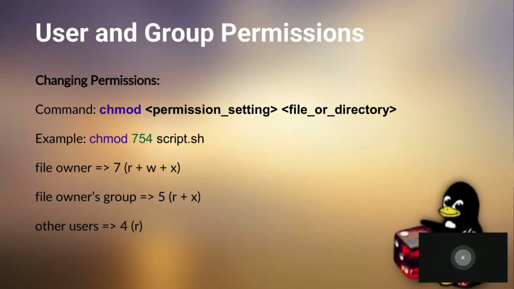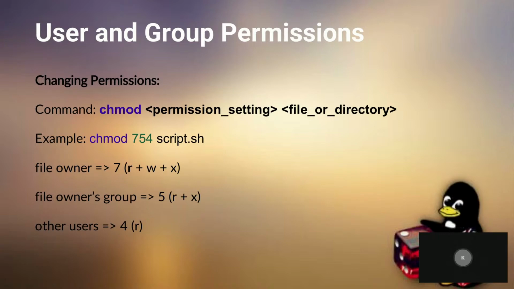The second digit represents the permission of the owner's group, that's the group that the owner belongs to. While the third digit represents the permission of the other users.